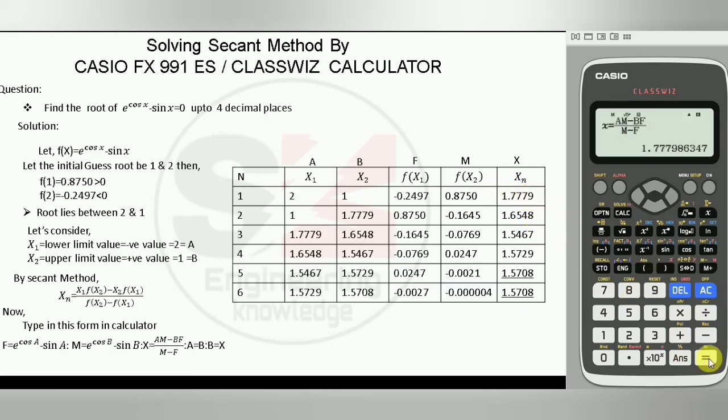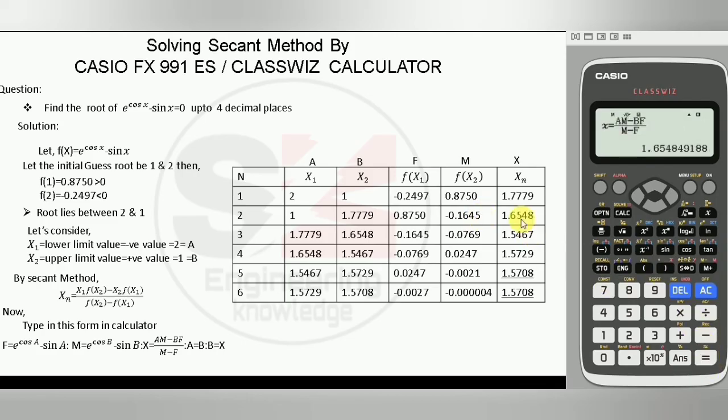Then again simply press the x button and it will interchange the value of a and b in this way. Then after this, the value of a will be 1. Then we get the value 0.8750 of this column and the m in this way.